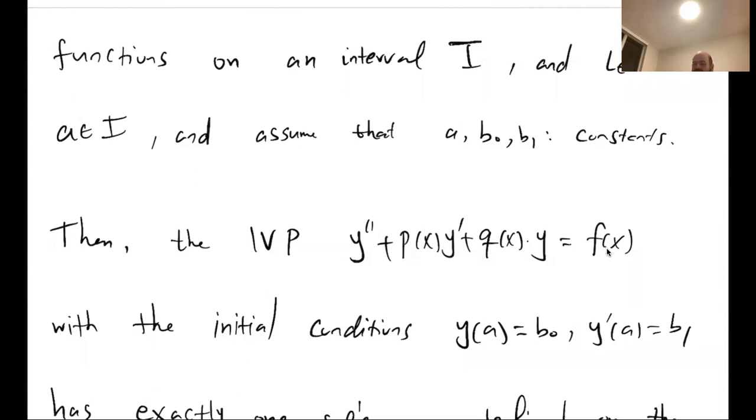So with two initial conditions, as long as everything is continuous, we have a unique solution. If these two initial conditions are not given, if only this ODE is given, then we can write the general solution, including two constants. But when can we find the constants and find the unique solution, just one function? The moment that we are given the two initial conditions.